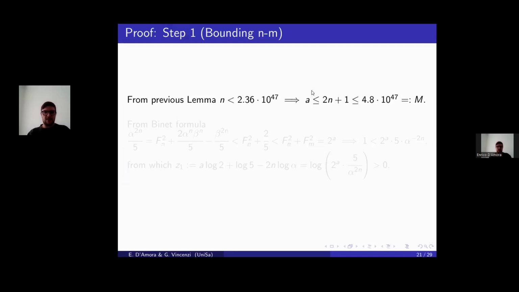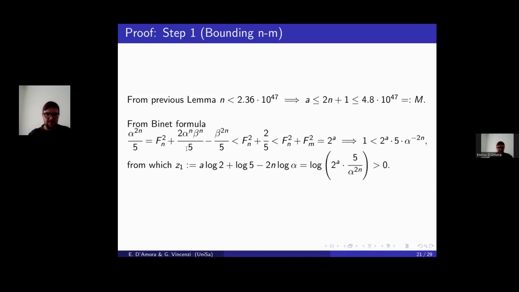So now I will briefly explain the proof of the reduction because of time, but whoever wants, slides are available for you. So in the first step, we use the bound on n and calculate a new bound on E and define this M. This is the M of the Dujella-Pethő lemma. So using then inequalities on Fibonacci numbers, on the Binet formula, sorry.